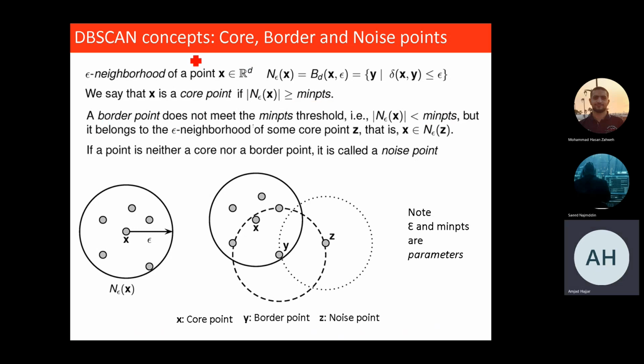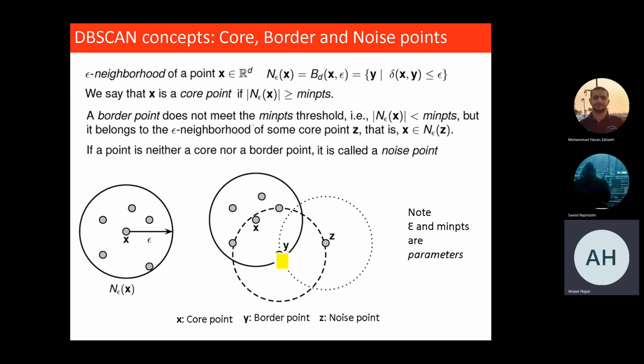Now we also define a border point, as we defined a core point. We will also define a border point and a noise point. Now a border point is a point that is not a core point, because it doesn't have enough in its neighborhood to be classified as a core point. Like here, say Y, okay?